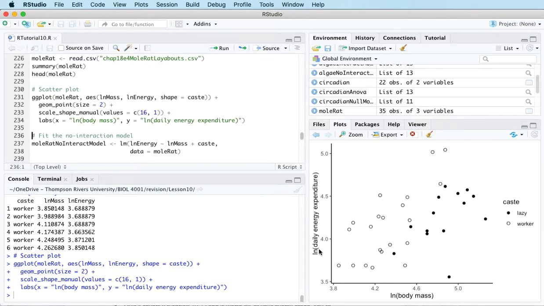So the response variable here is the natural log of daily energy expenditure, and then we have two predictor variables.